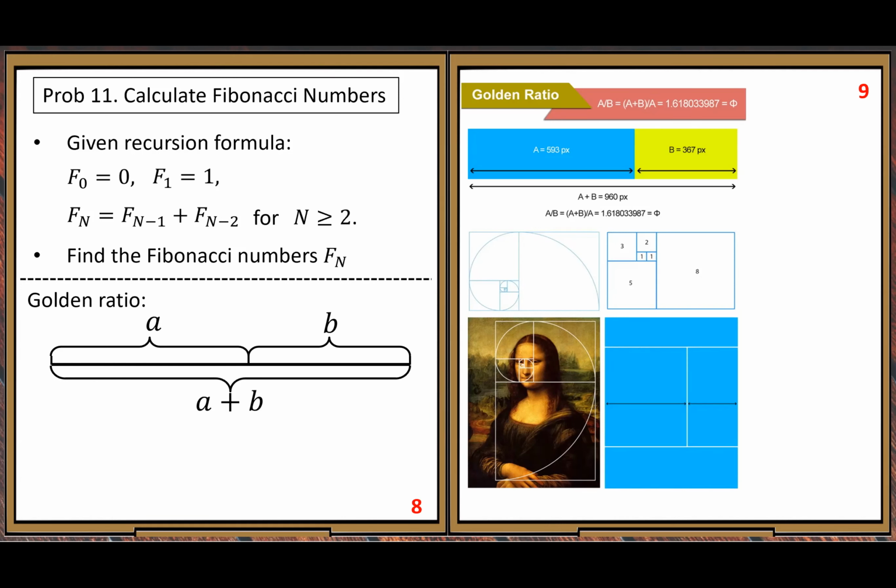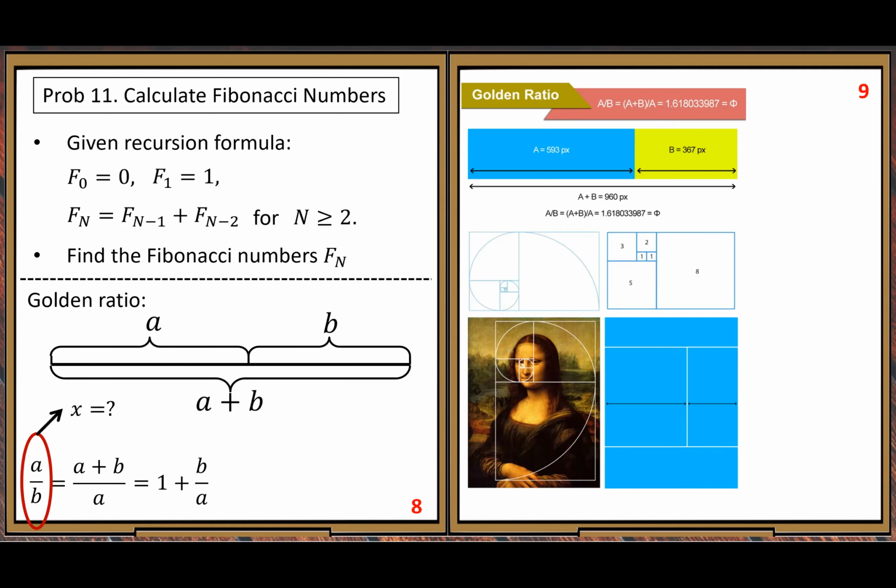Let me repeat that relationship. The long segment A plus B is the whole line segment. The longer one is A, the shorter one is B. A over B equals A plus B over A. If we have that condition, then we can derive the ratio of B over A, or this A over B, the golden ratio.